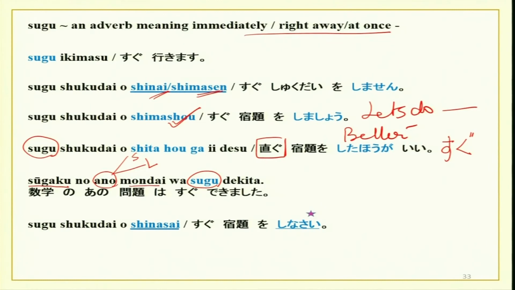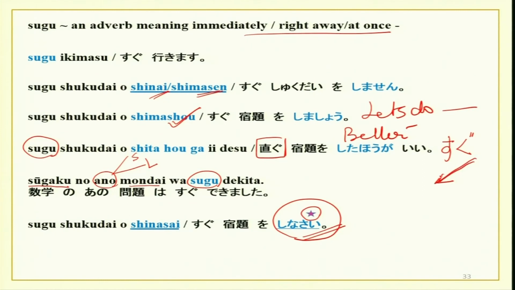Then sugu shukudai o shinasai. Now there is a star over here and you can understand that this is special. What is this? Now this is another conjugation which is a direct order. It's a command. So generally it comes from top to bottom. Oka-san, Oto-san, elder brothers and sisters, and teachers can say shinasai, but children should not say it. It becomes rude. So please do not use shinasai with elders.